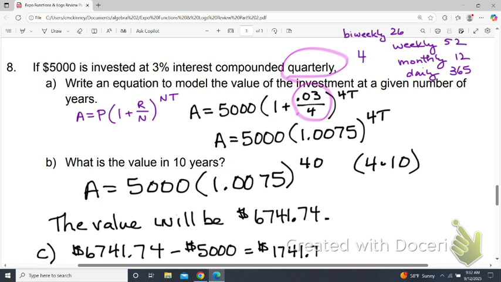Whoa, 74 cents. Or you could say the interest is, or you could say this much will be earned. So part C in that case is simply a subtraction.